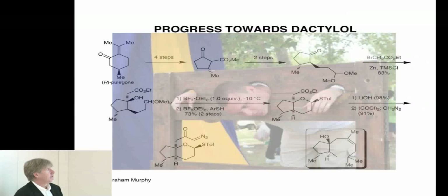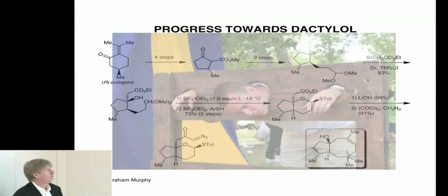And then in 2 steps, introduce this 3-carbon side chain. Reformatsky addition goes with very high facial selectivity. Ring closure with BF3, sulfur exchange gives us this, and then conversion of the ester to the diazoketone using the standard 2 steps gives us this substrate.